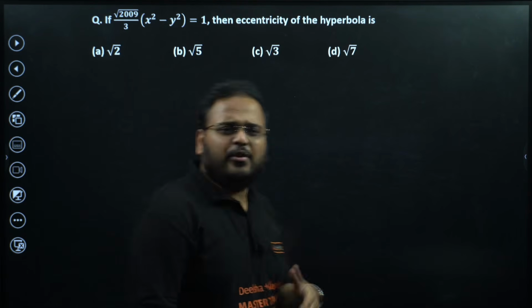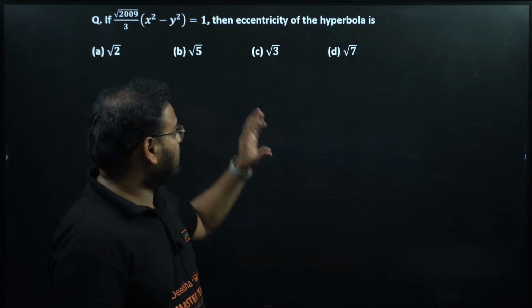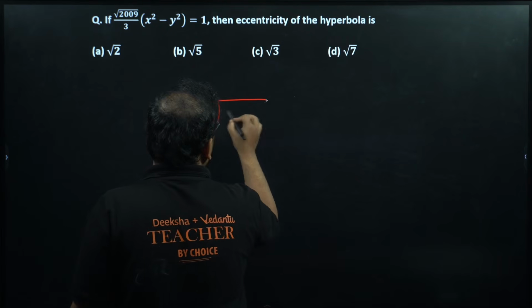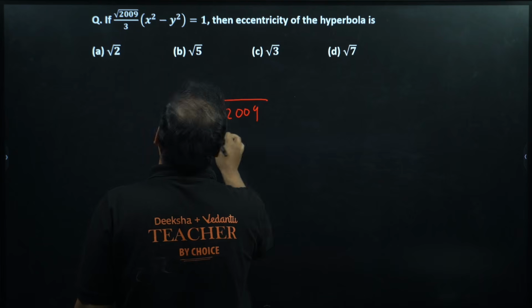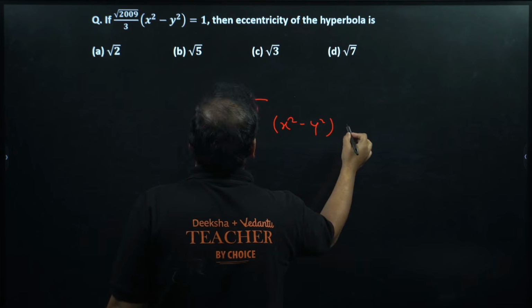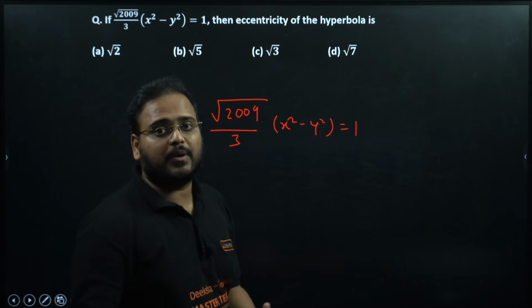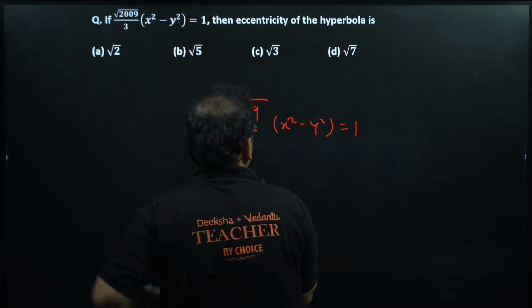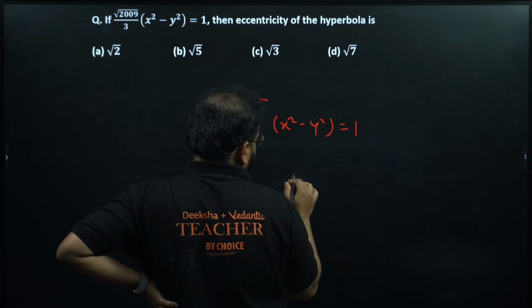This one is a very unique question. Most students, if this question comes in the examination, will think something about this number, root 2009. I've taken this question on purpose, so understand this very clearly. What it means is, I'll take it over here.